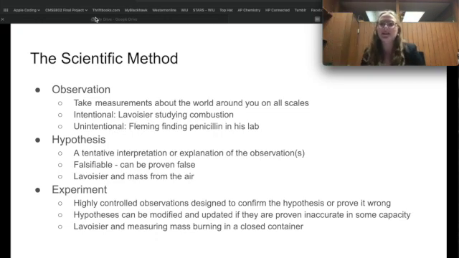And he'd take the mass at the end. He was trying to figure out what was going on, because the weight at the beginning and the weight after the reaction were the same, even though it was something different that you started with. So he came up with a hypothesis that the mass isn't changing.